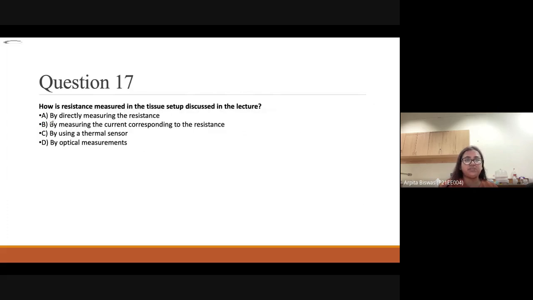How is resistance measured in the tissue setup discussed in the lecture? First is by directly measuring the resistance. Second option, by measuring the current corresponding to the resistance. Third option is by using the thermal sensor. And the fourth option is by optimal measurement.